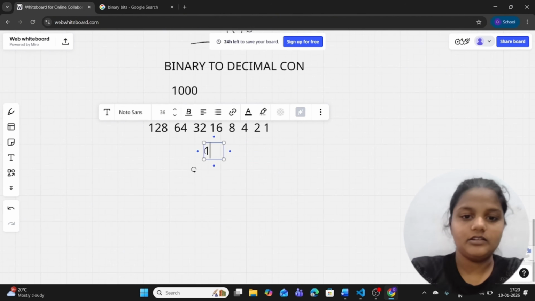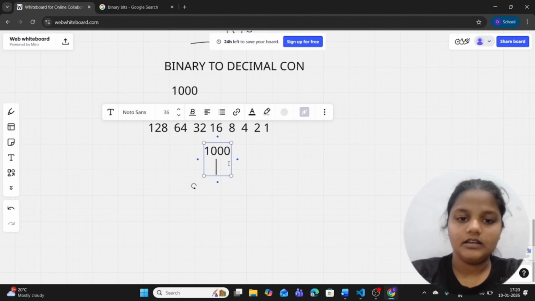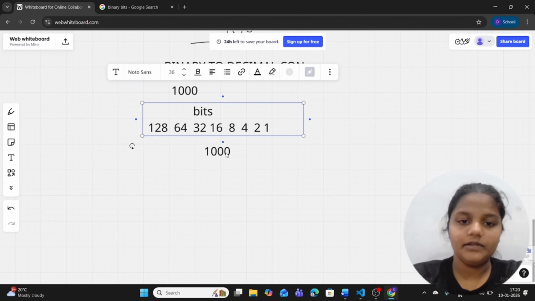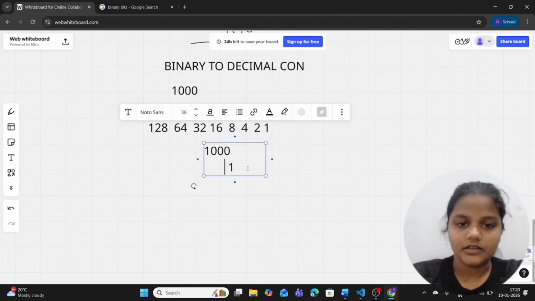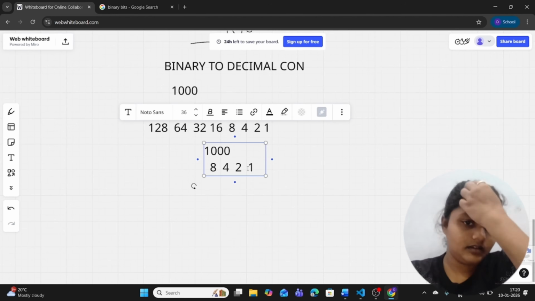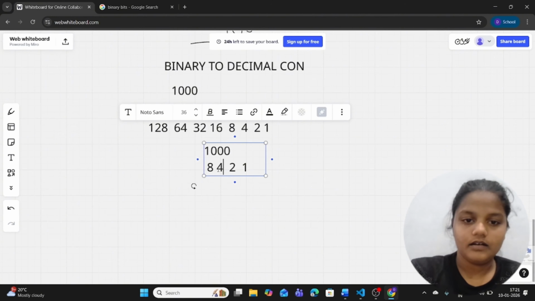So our binary number is 1000, right? So how to convert this into decimal? Starting from the last position, the first bit will be 1, then 1, here 2, here 4, here 8. Okay, understood?